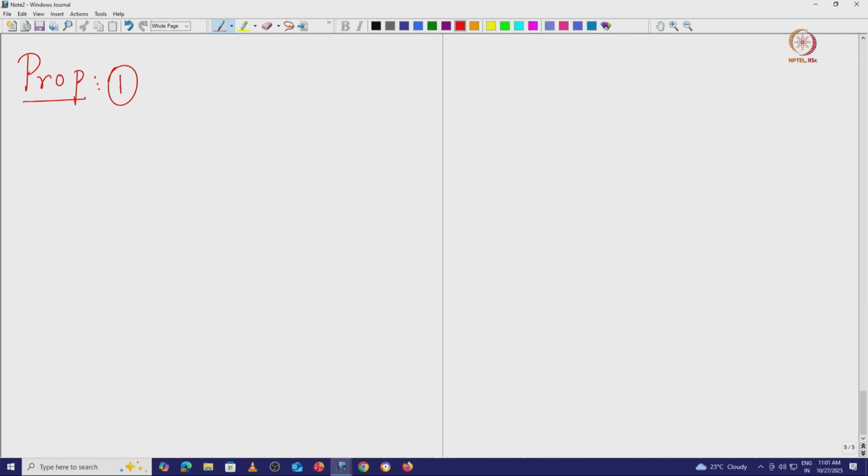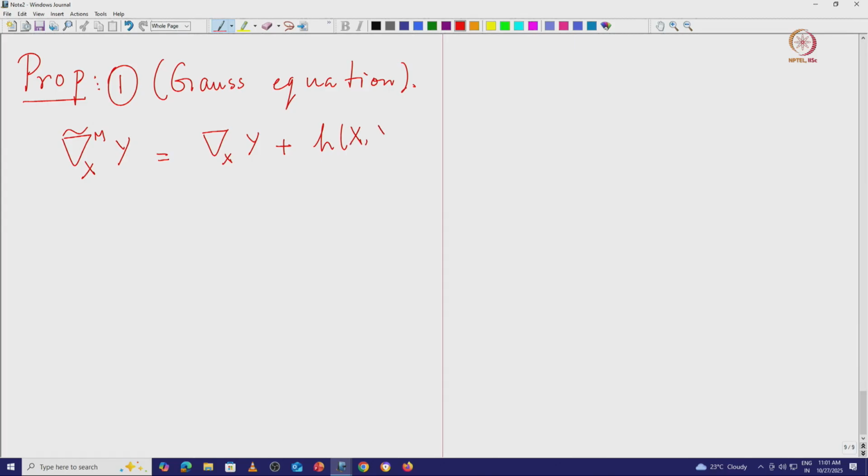The first part is the so called Gauss equation, which says that if you take this operator applied to y with respect to x, then that is simply the intrinsic Levi-Civita covariant derivative of y with respect to x plus a correction term given by precisely the second fundamental form. As you will see, this is essentially from the definition of the second fundamental form.